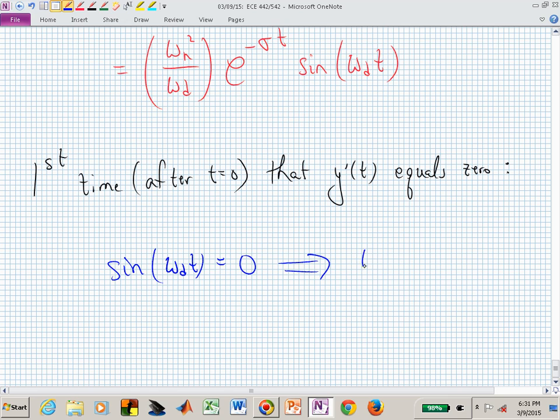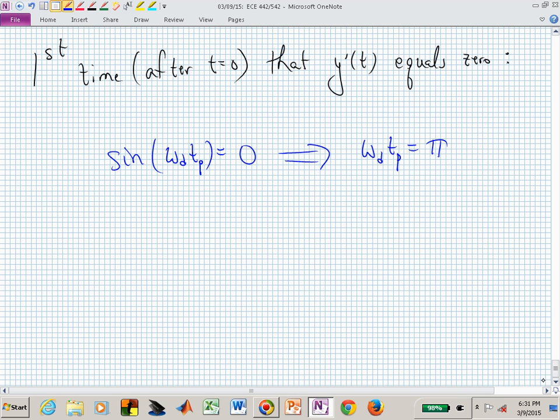And that occurs when omega sub d t, or the argument, is equal to pi. Let me change my t to actually be t sub p when this occurs. And now we can solve that for when we peak, which is now pi over omega sub d.